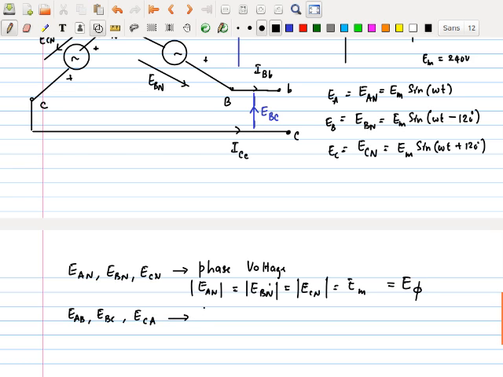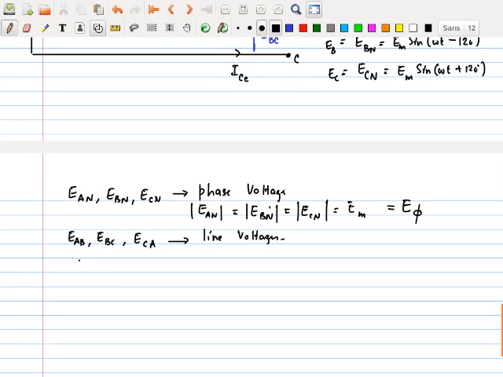These are called line voltages because they are in between lines, not with respect to the neutral. It's with respect to some other line. I'm going to show you that this voltage is actually bigger than the phase voltage. Even when you look at the diagram, you can see it's bigger.